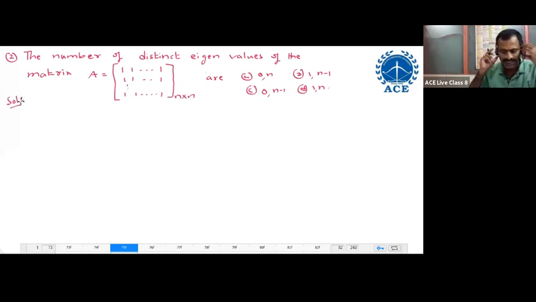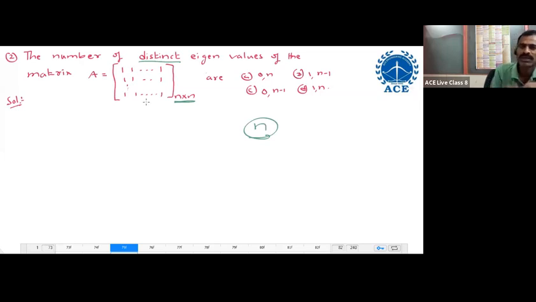We are given an nth order matrix and we are asked to find the number of distinct eigenvalues. First of all, for this nth order matrix, n eigenvalues exist. Out of n eigenvalues, all may be different, 2 may be different, 3 may be different, like this. But according to the options, in every option only 2 numbers are given.